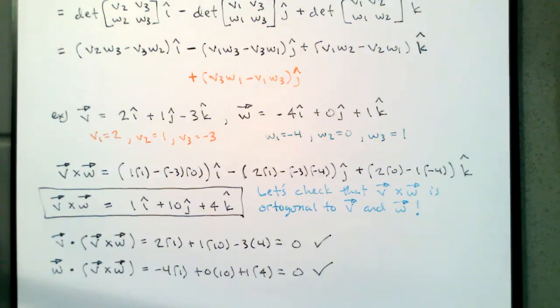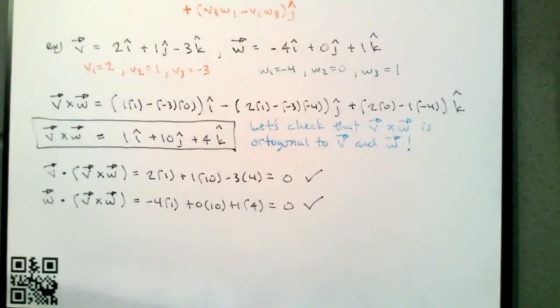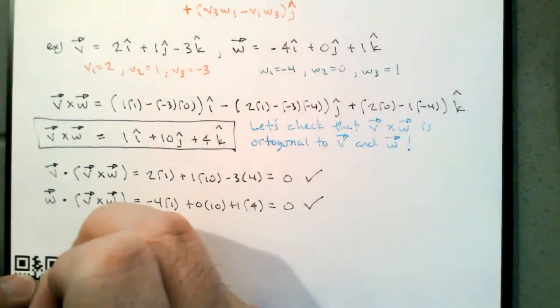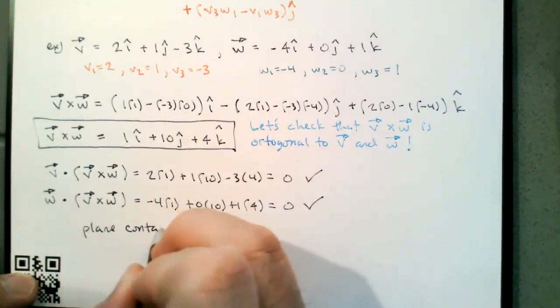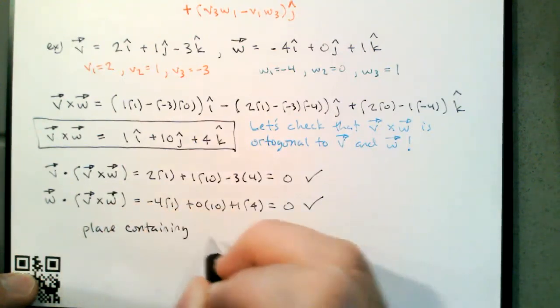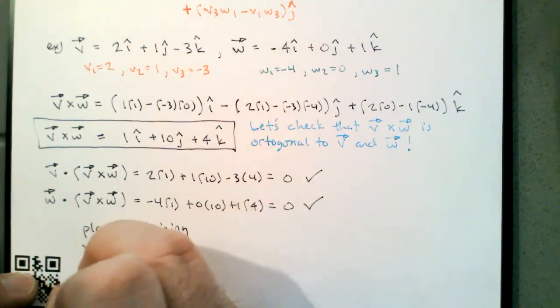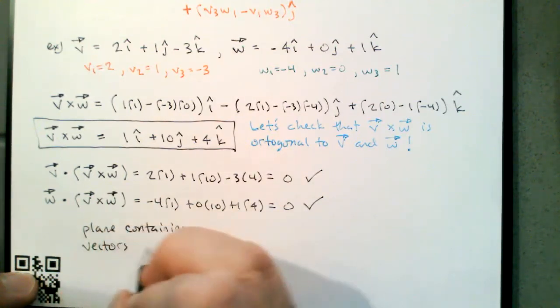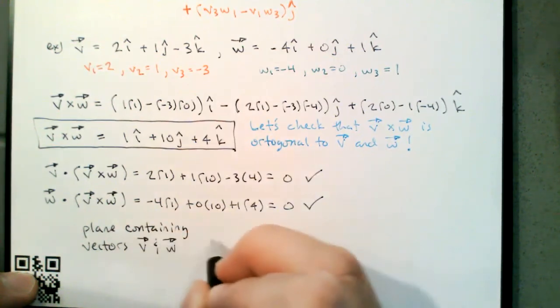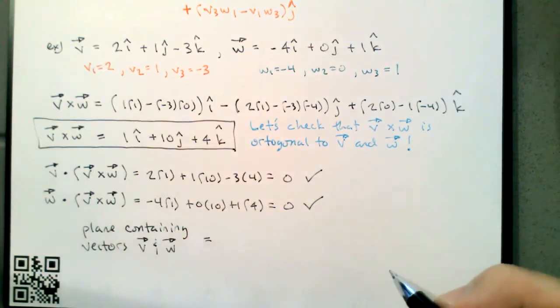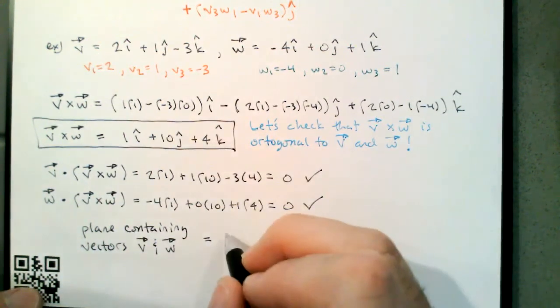So the plane containing the vectors v and w is the same as the plane perpendicular to v cross w.